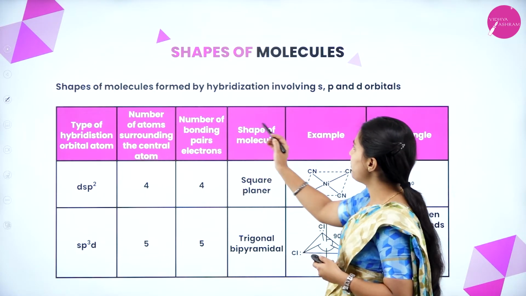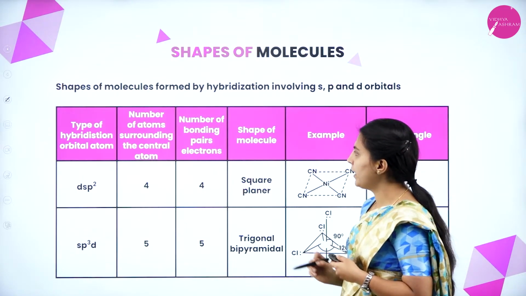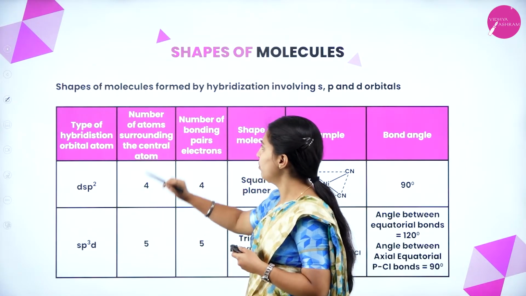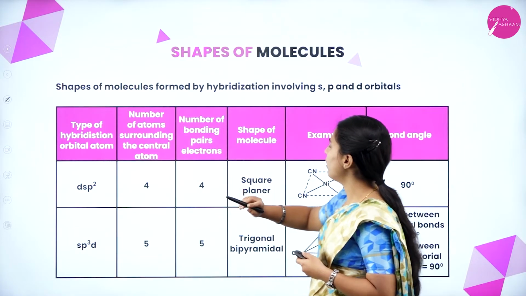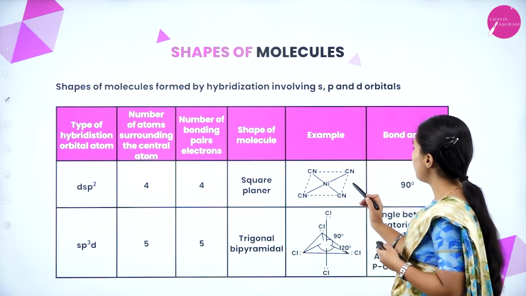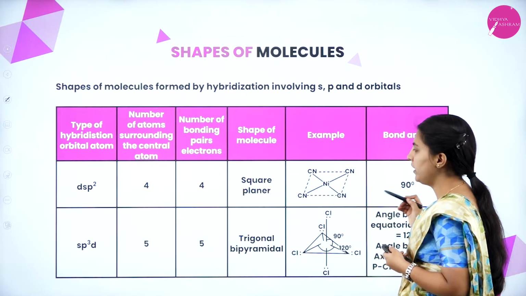See here, shapes of molecules formed by hybridization involving s, p and d. Type of hybridization dsp2, number of atoms surrounding the central atom 4, number of bond pairs 4, shape of molecule square planar. Example, nickel cyanide, where the angle is 90 degrees.